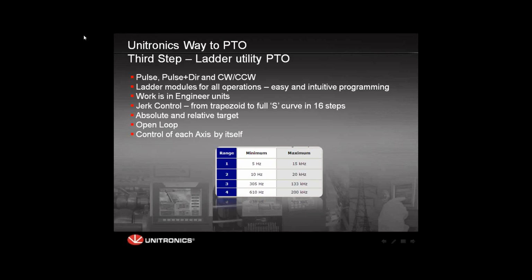One more thing is that you have both absolute and relative targets. It means that you can control the movement in either absolute or relative terms. In absolute terms, you have, let's say, a length, and you tell the motor to reach a certain point on that interval.